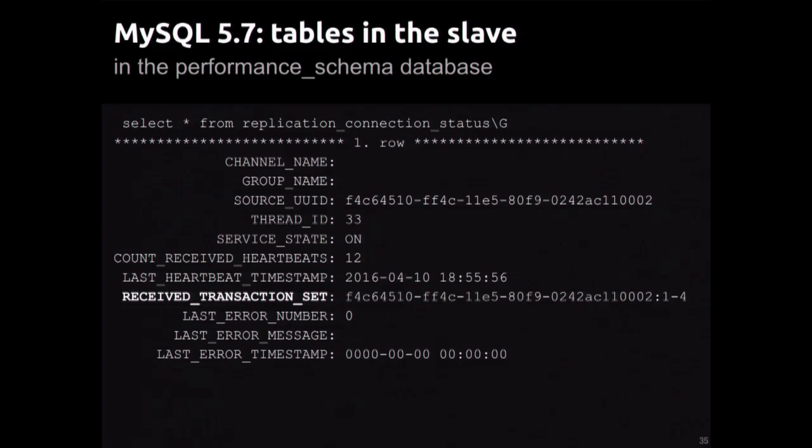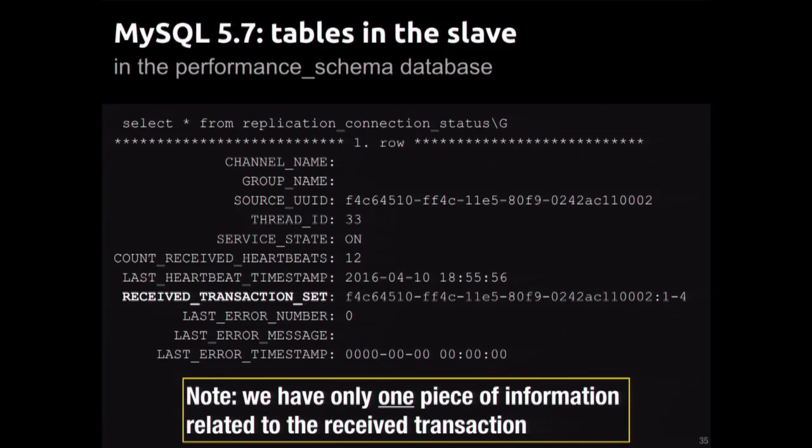And the important thing is replication connection status. So this contains the data that is arriving to the slave. You see, there is a received transaction set, and this is the data that is being added to the relay log.